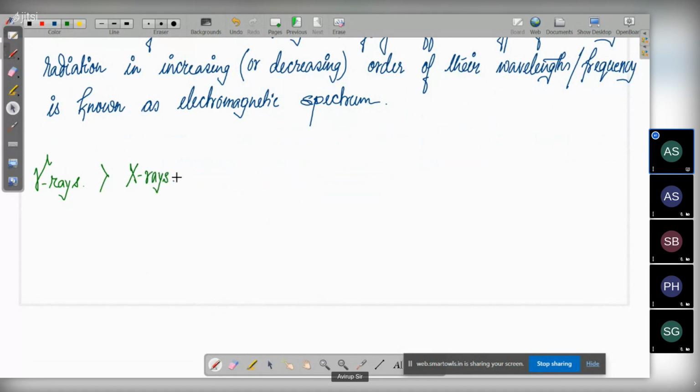After X-rays, we have the ultraviolet rays, UV radiation, followed by visible. Then followed by the infrared, IR. Then followed by microwaves.